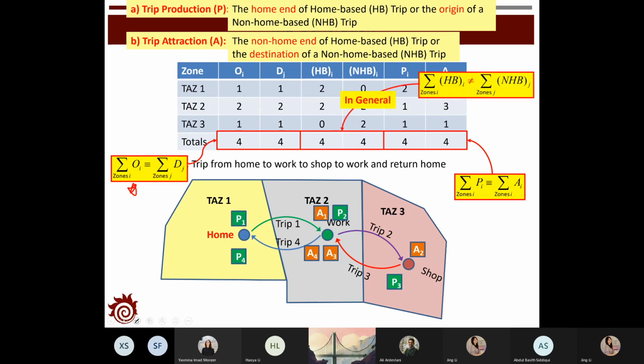But for home-based trips and non-home-based trips, even though in this example the numbers are the same, with 4 different trips, in reality they are usually not the same. This means the number of activities related to home and the number of activities not related to home differ.